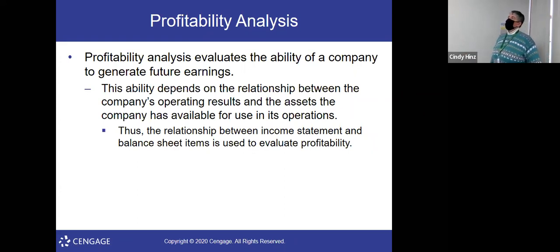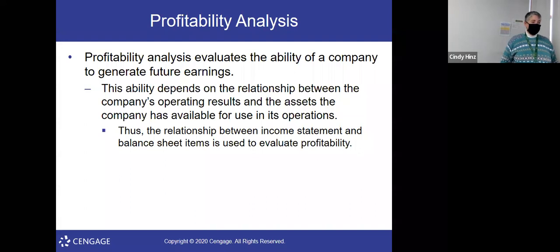So we mentioned on Tuesday that the reason there's a difference between liquidity and profitability, at least part of the reason, is because we use accrual accounting. And so what shows up on our income statement, as we spent all of chapter 13 discussing, is not necessarily indicative of how much cash we have.